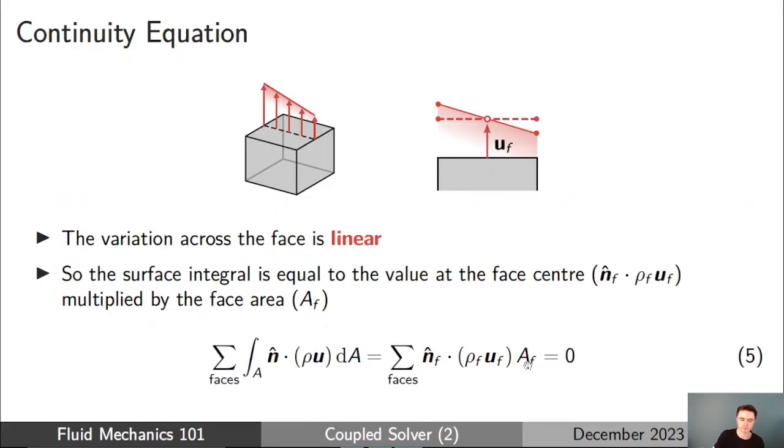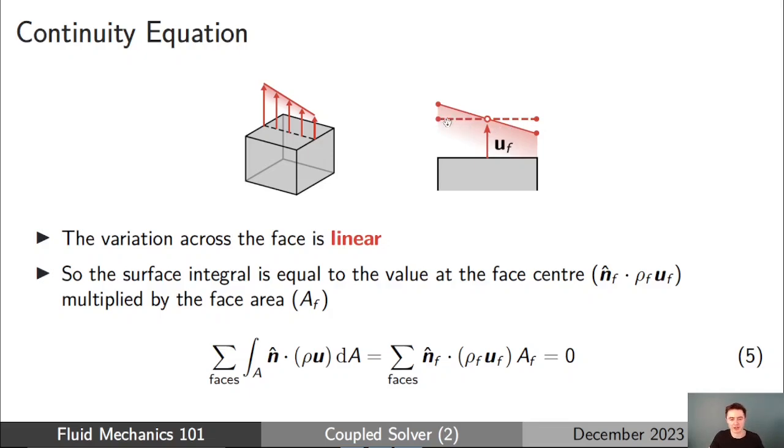And the next thing in the simplification, we use the same technique that we used in part 1, which is remembering that all of the flow variables vary linearly across the faces of those cells. So now we can simplify each of those face integrals. Because we have that linear variation across the face, the integral over the face will just be equivalent to the value at the center of the face multiplied by the face area.